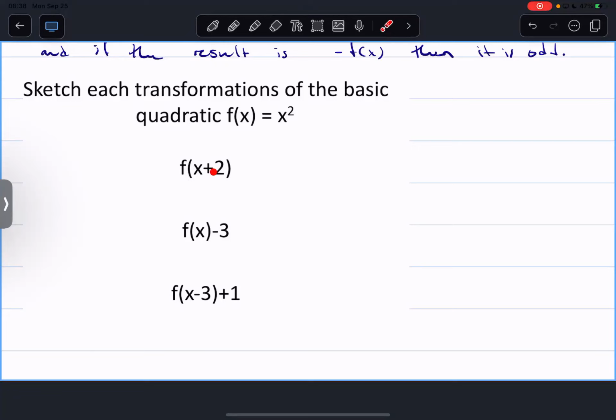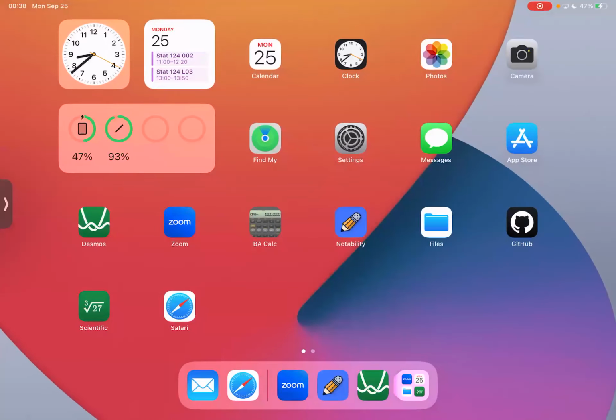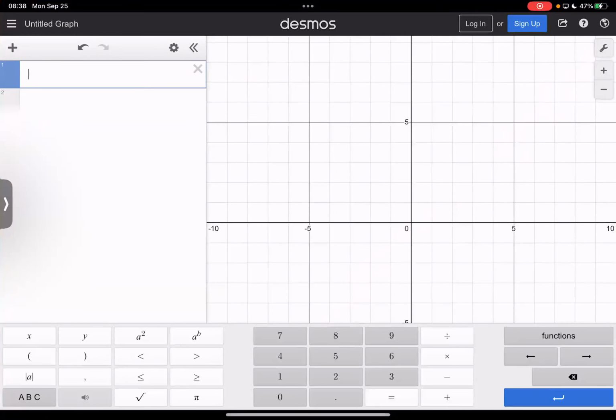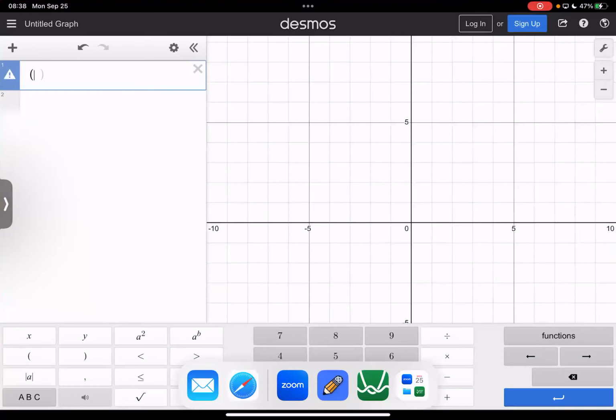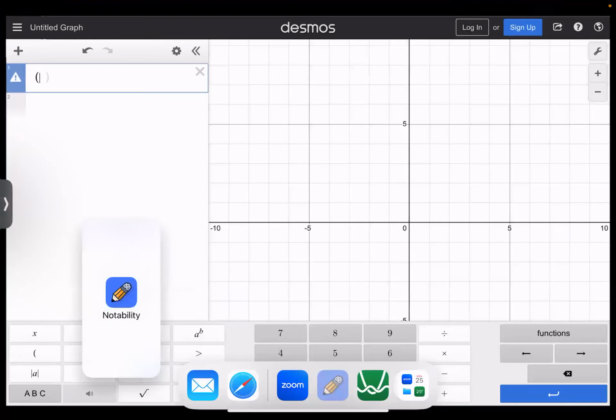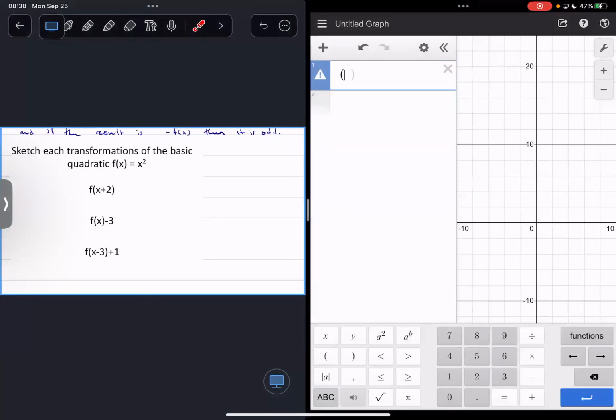No, it's on the x. Use Desmos. I wanted, what did I want here? Can I do this? Snazzy. Oh, you can't see it. Hey, I'm doing this really cool split screen thing, but it's not showing up. It's weird.